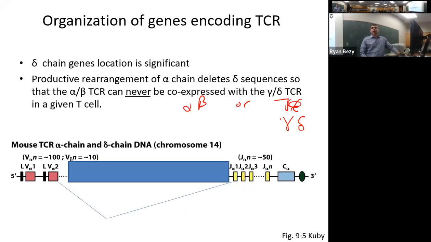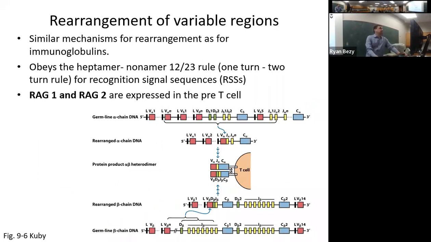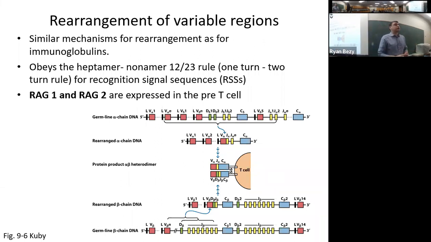Okay. When it comes to the rearrangement, all of the mechanisms for rearranging these genes are very similar to what happened with antibody genes, immunoglobulin genes. You're still going to have 1-turn and 2-turn recombination signal sequences. You're still going to be using RAG1 and RAG2 recombinase enzymes. So all that stuff that was involved with B cell rearrangements in the bone marrow is now being used for T cell receptor rearrangements, but now in the thymus gland.